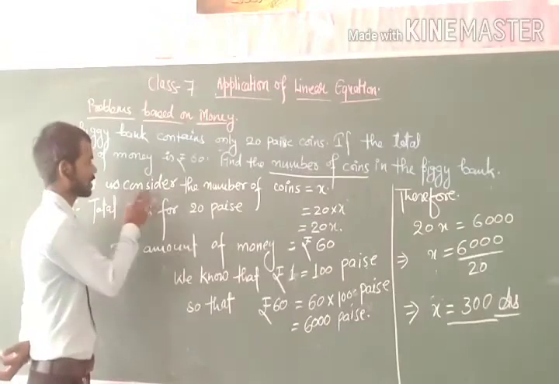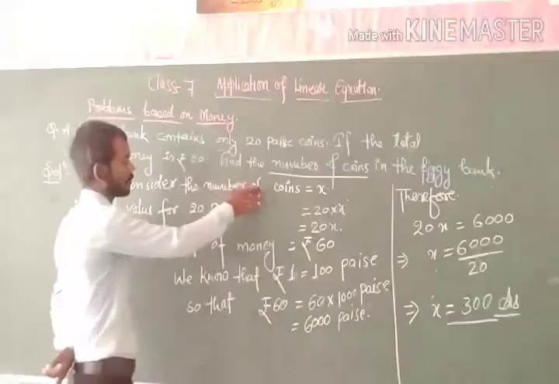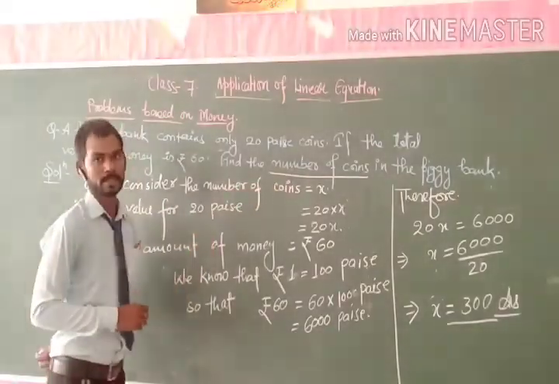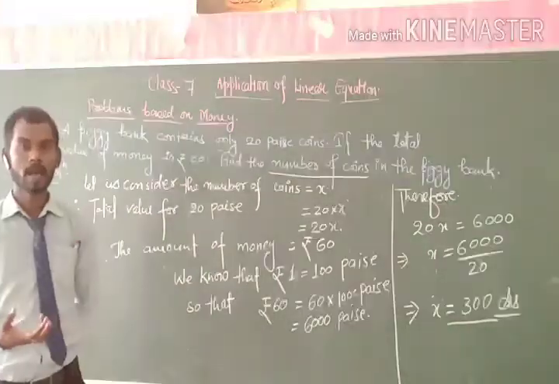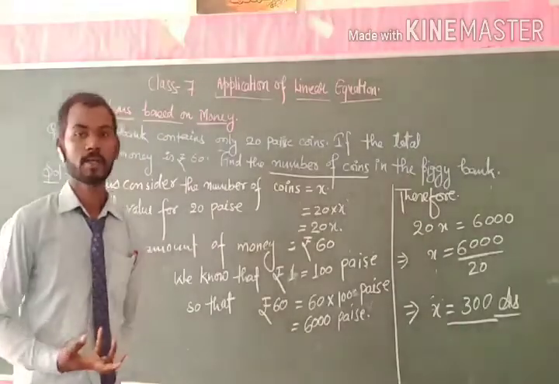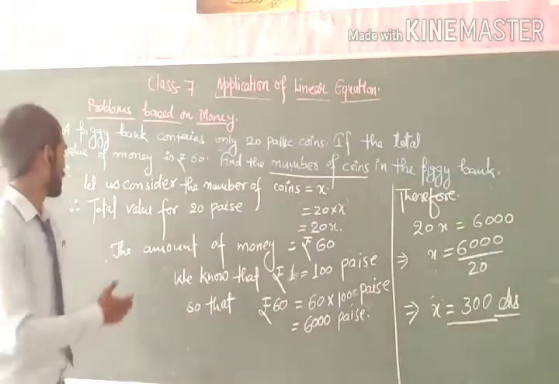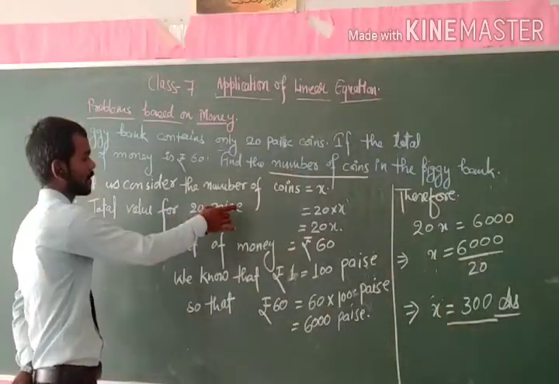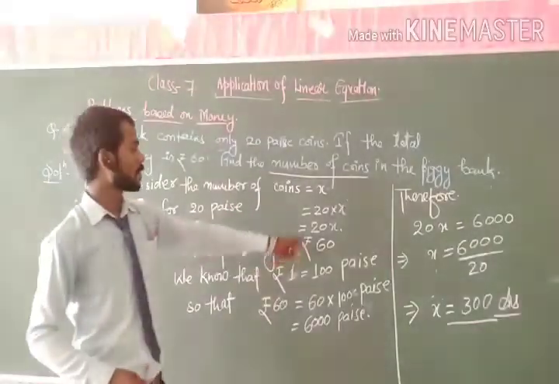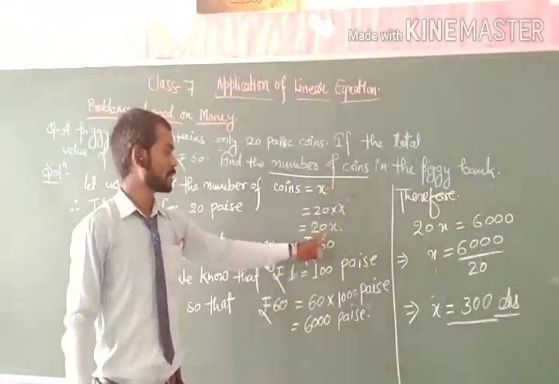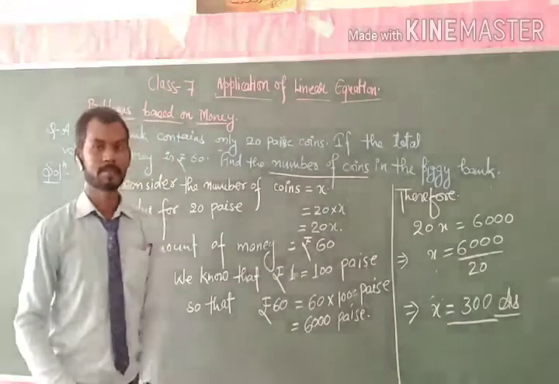So let us consider the number of coins is equal to x. That is x coins in the piggy bank, and the total value for 20 paise is 20 multiplied by x, which is 20x.